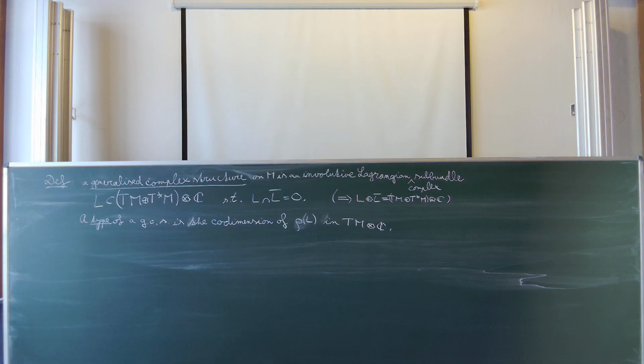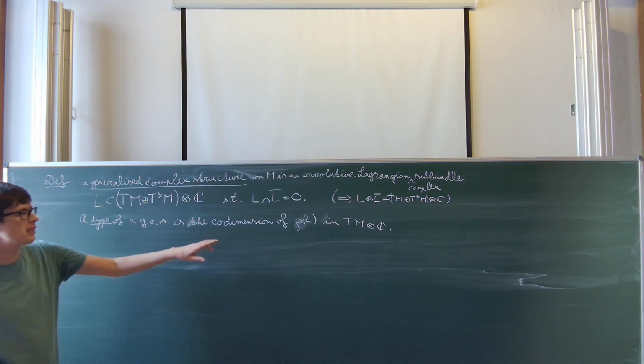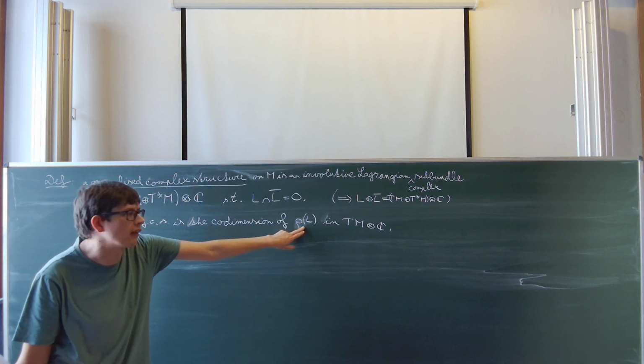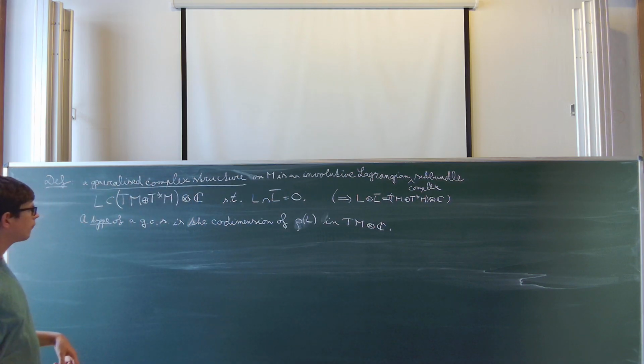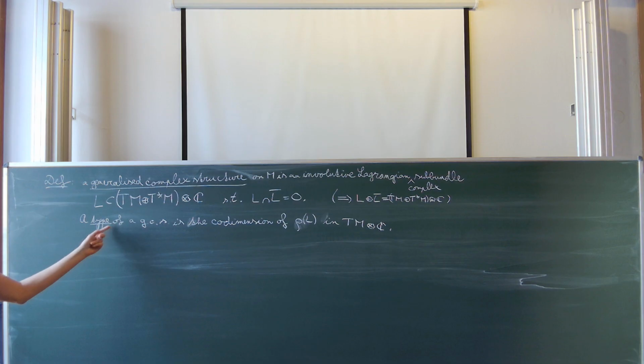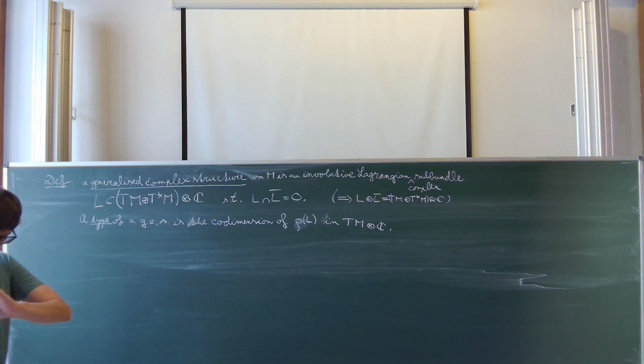When you say it's a subbundle, is it of constant rank? Okay, no. Sorry, a subbundle is of constant rank, but this thing doesn't have to be a subbundle. So it's not a subbundle in general.